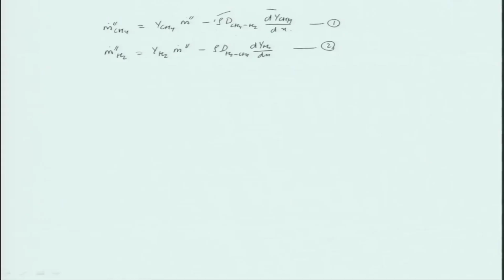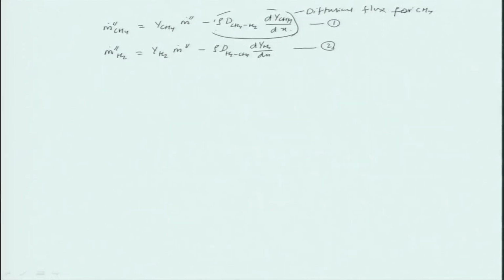These are basically the diffusional fluxes. This is for methane, and similarly for hydrogen in equation 2.